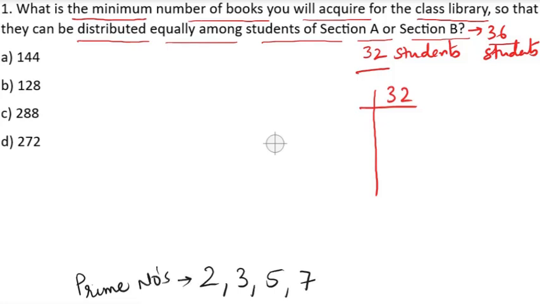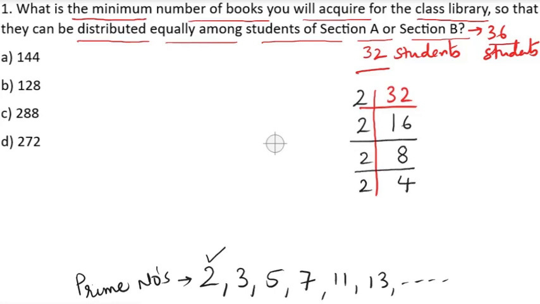So you have to take only prime numbers: 2, 3, 5, 7, 11, 13 and so on. So first I am taking number 2. 2 16s are 32, 2 8s are 16, 2 4s are 8, 2 2s are 4, and 2 1s are 2.